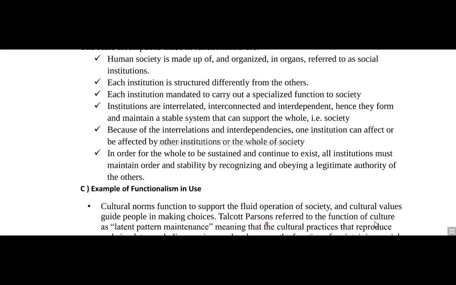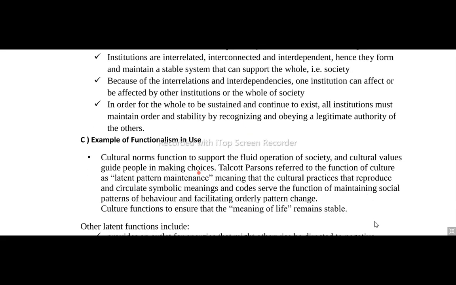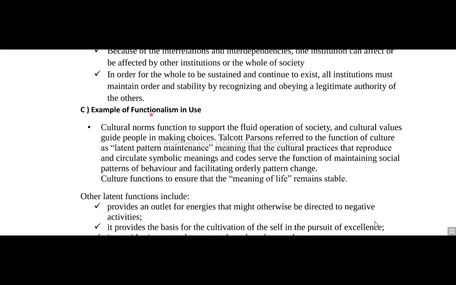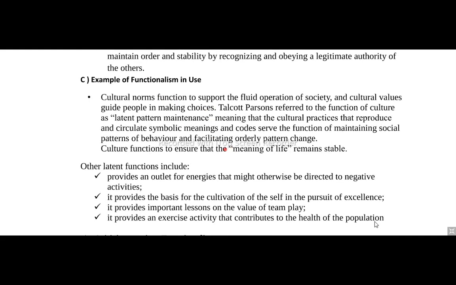And then we look at examples of functionalism in use. Cultural norms function to support the fluid operation of society. Cultural norms, we talked about norms last week. And cultural values guide people in making choices. Talcott Parsons referred to the function of culture as latent pattern maintenance.